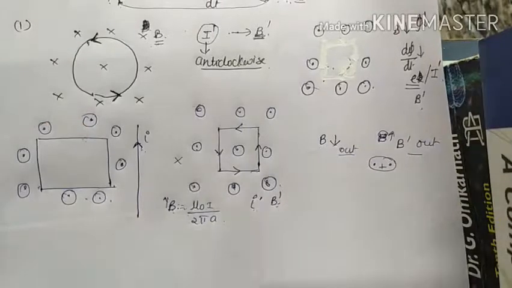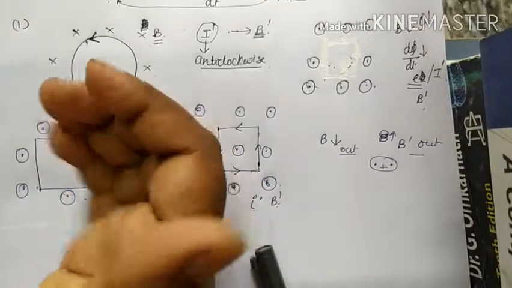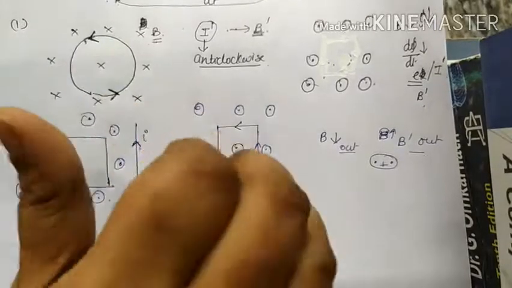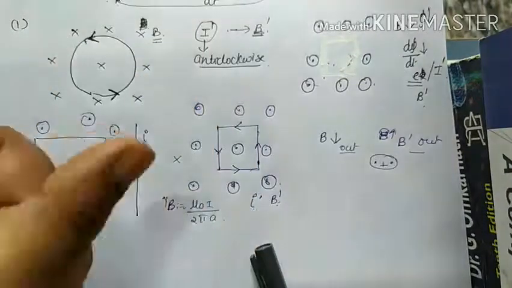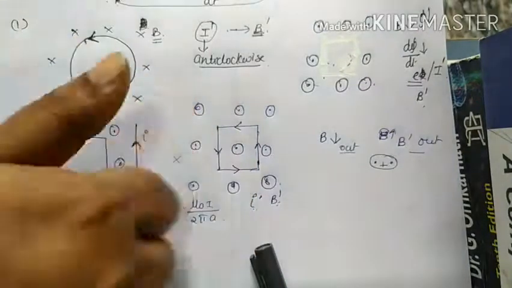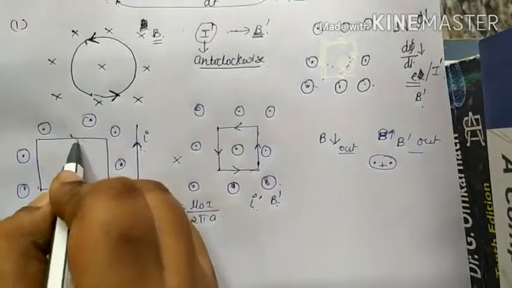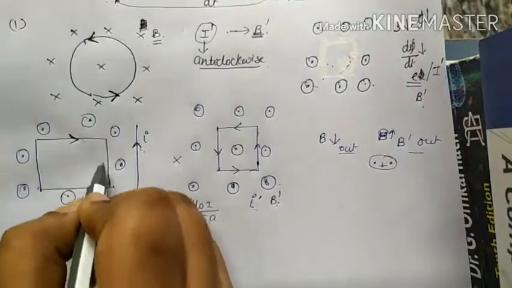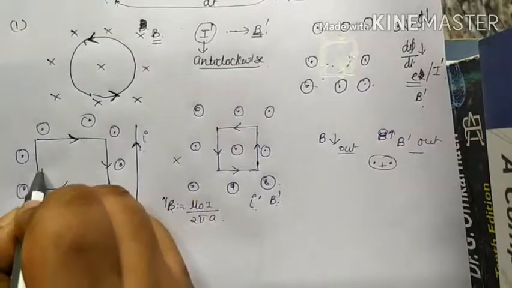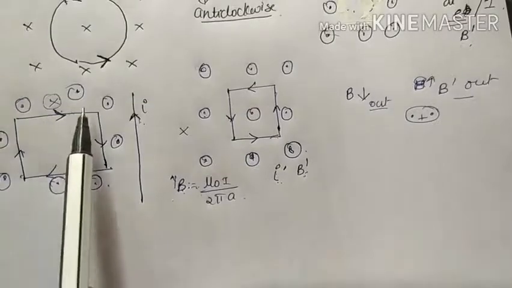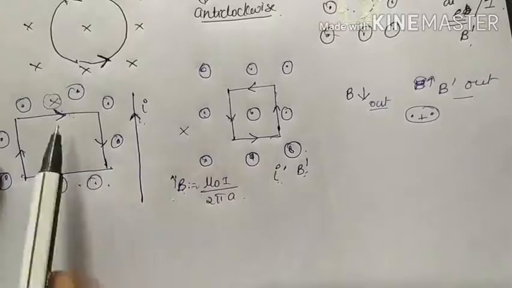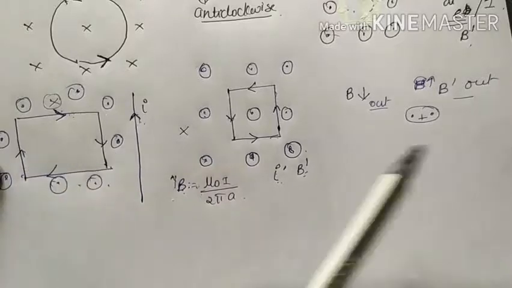Right? How can B dash be in the outward direction? That means outward direction, so how can I draw this current's direction like this, right? If this was the current direction, see, take your fingers by yourself, okay? So in which direction is the current? Clockwise direction.